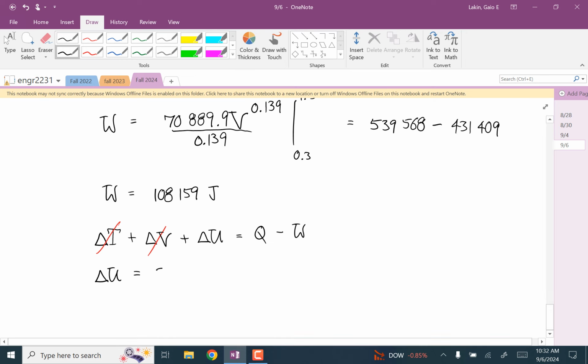So this is 200 minus 108,159. And so negative 107,959 joules. Negative is the change in internal energy.